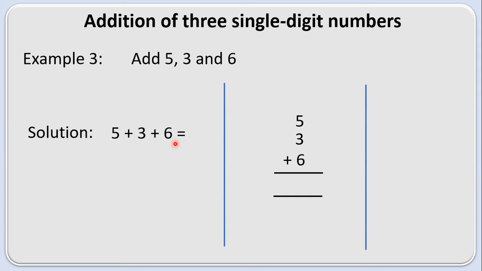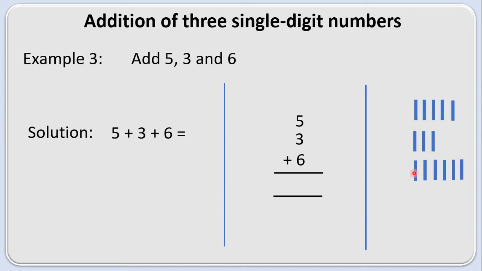And let us put 5 vertical lines here, 1, 2, 3, 4, 5, and the next number is 3. Let us put 3 lines, 1, 2, 3, and the third number is 6, and let us put 6 lines, 1, 2, 3, 4, 5, 6.